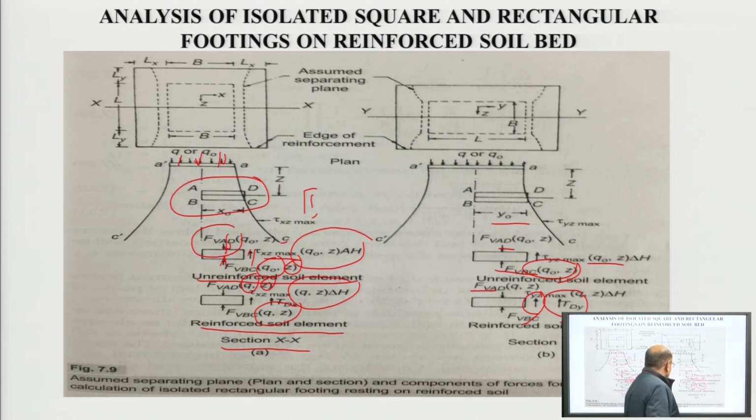So, we can equate it for the reinforced soil element for the section YY.